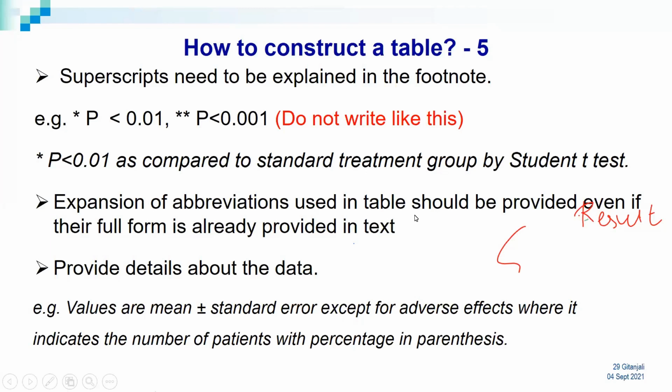Why? Because every table should be standalone. So please make sure of that. Provide details about the data, so you need to say values are mean plus or minus standard error or standard deviation. Whatever it is, you need to write what the values are. If you're giving mean, make sure you write whether it is standard error or standard deviation, whatever you are giving.